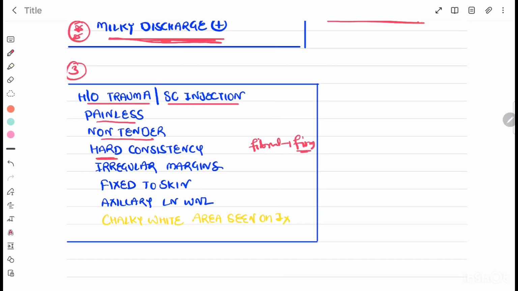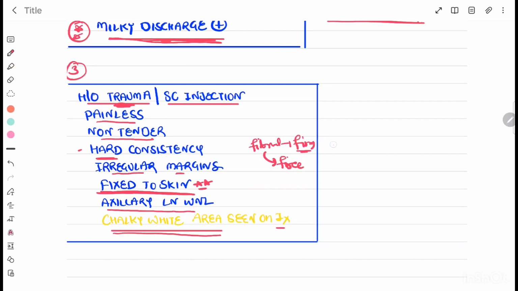So the consistency is hard with history of trauma, the margins of the swelling are irregular, and it is fixed to the skin. Here it is fixed to skin, but the fibroadenoma is free from the skin and the subcutaneous tissue. There is no involvement of axillary lymph node, and on giving the incision there will be evacuation of a chalky white discharge, or you can see a chalky white area after giving the incision over the swelling.